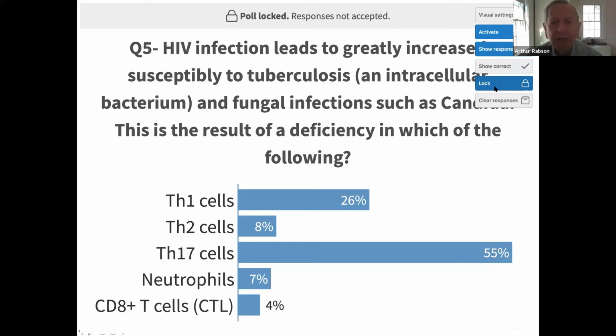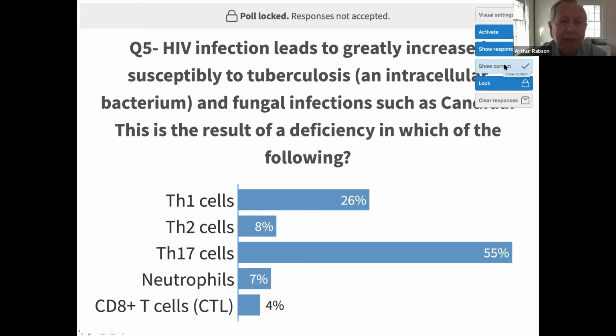Now, tuberculosis is an intracellular bacteria that requires T cells to kill it. So the T cells will produce factors like interferon gamma that will make the macrophage kill the TB organism which is living inside it.